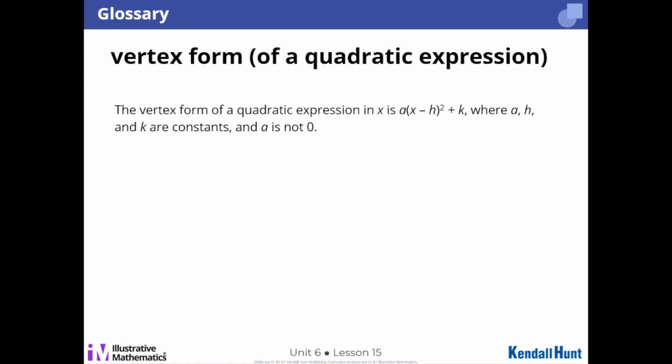If this says x minus 2, even though we see x minus 2, the x-coordinate of my vertex is going to be positive 2. If this said x plus 8, then that would actually be x minus negative 8, and your x-coordinate of your vertex would be the negative 8.